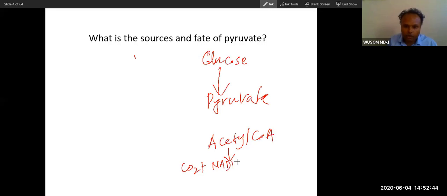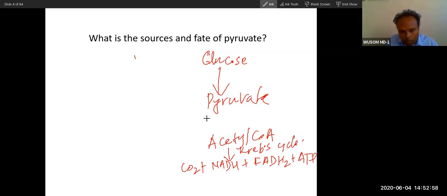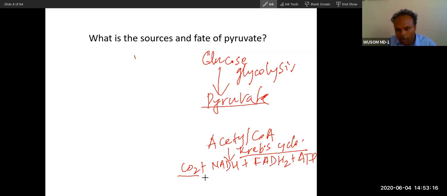You know the Krebs cycle is oxidation of acetyl coenzyme A into carbon dioxide, NADH, FADH2 plus ATP. The conversion of glucose to pyruvate is glycolysis, and this is Krebs cycle. In place of pyruvate, acetyl coenzyme is being converted into carbon dioxide.